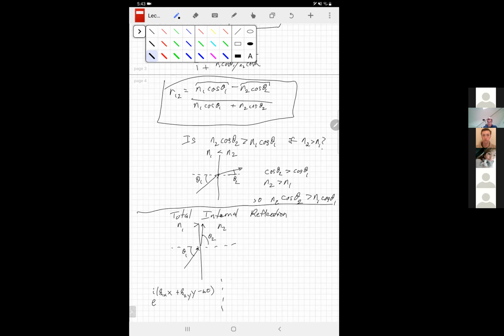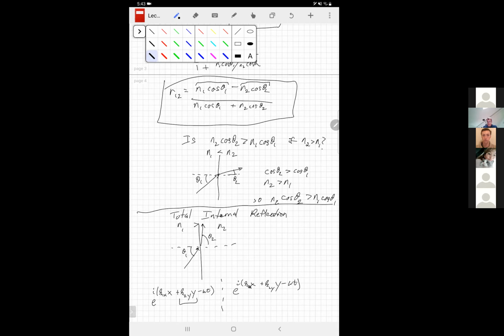And on the other side, I could write it as e to the i times k2x times x plus k2y times y minus omega t.